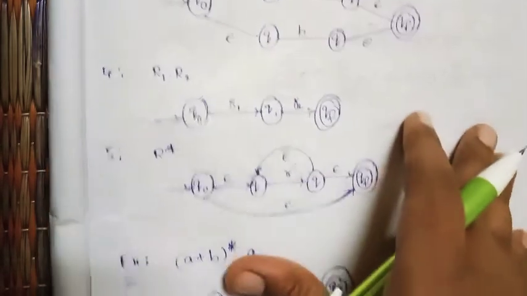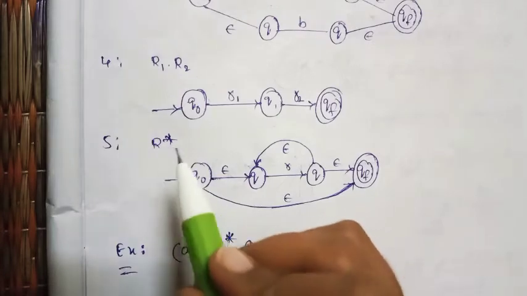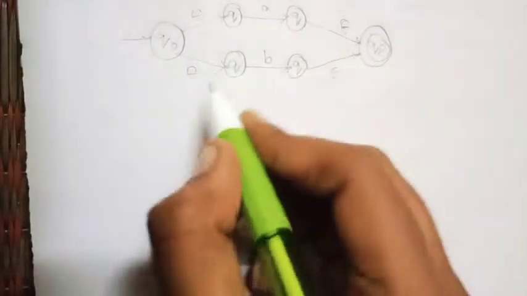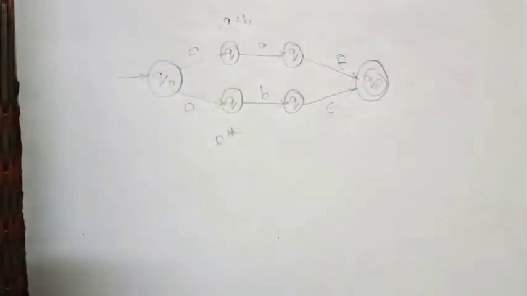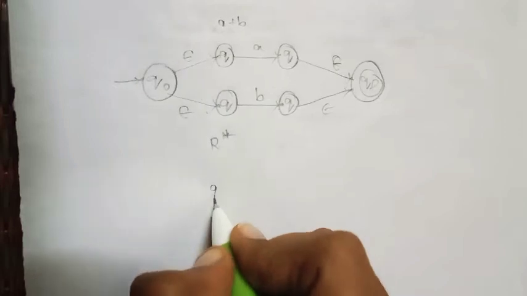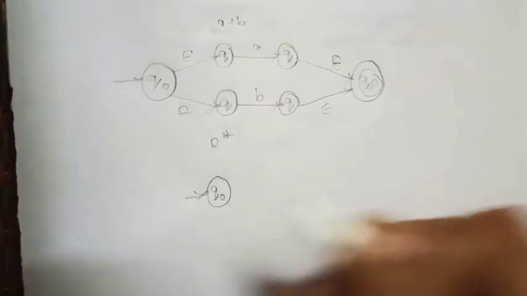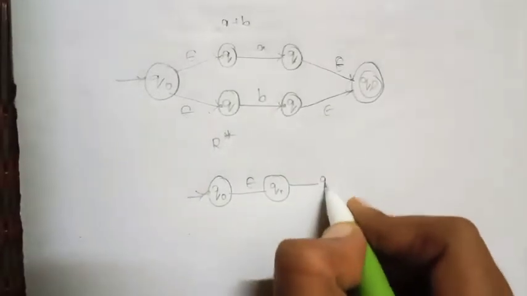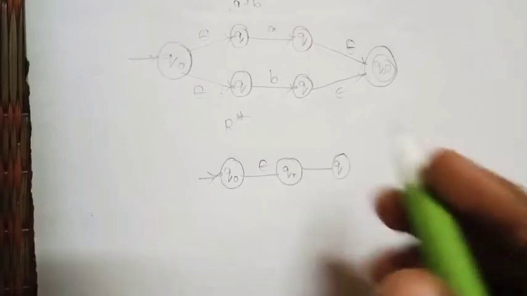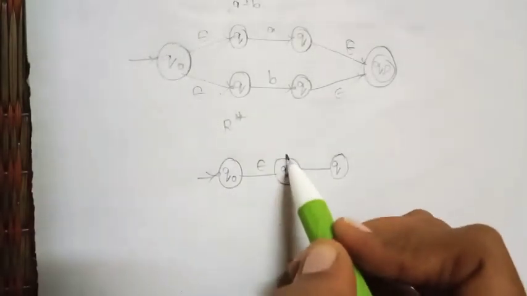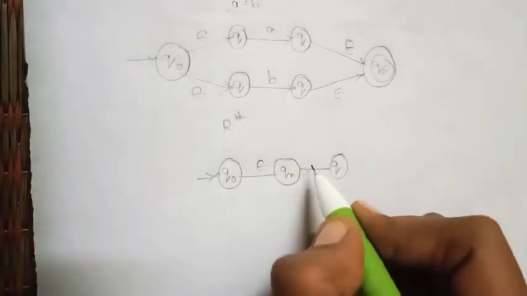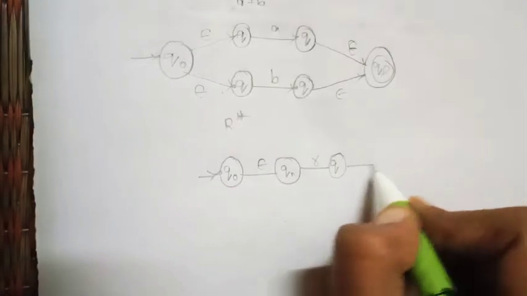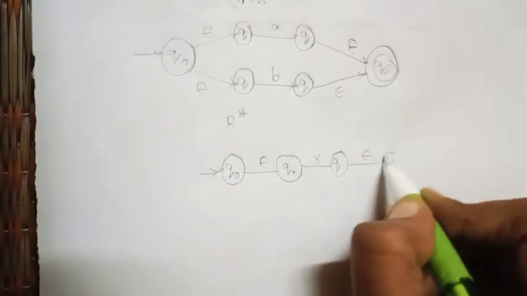Then let's check how to represent r hashtag in the bottom up approach. See guys, it is r hashtag, first take the initial state. This is the initial state, represented as you did in the top down approach. In top down approach, here itself we can take the self loop as r, but in bottom up approach we need to represent a separate new state for r, like this, and again one epsilon, and this is the final state.